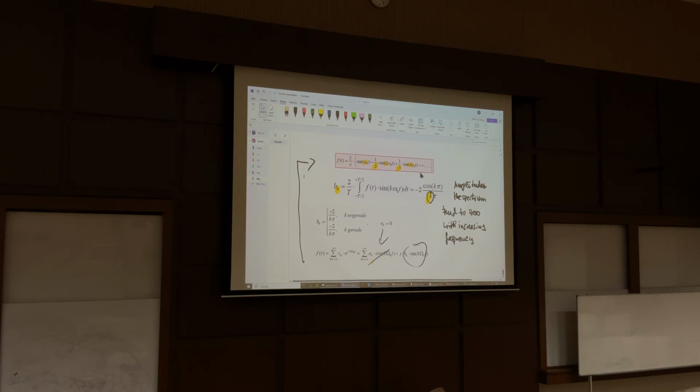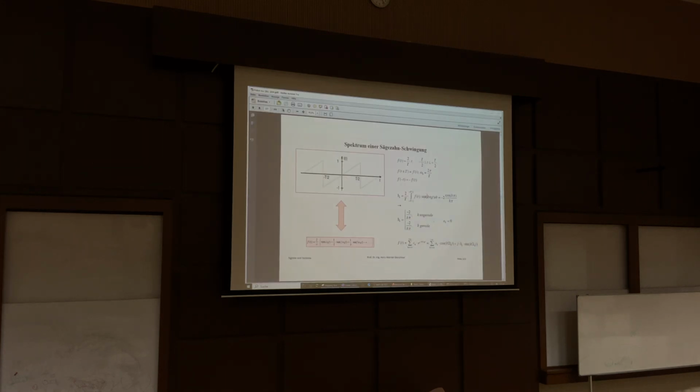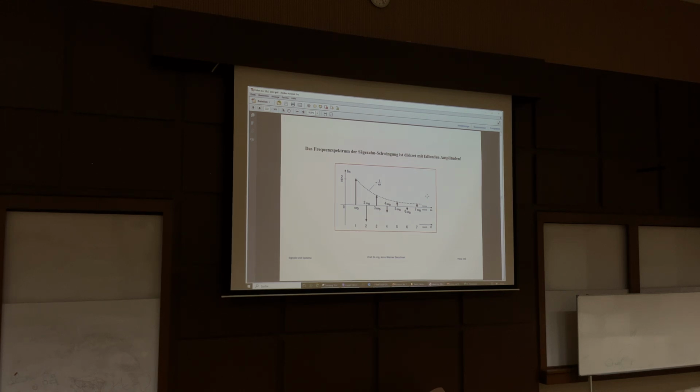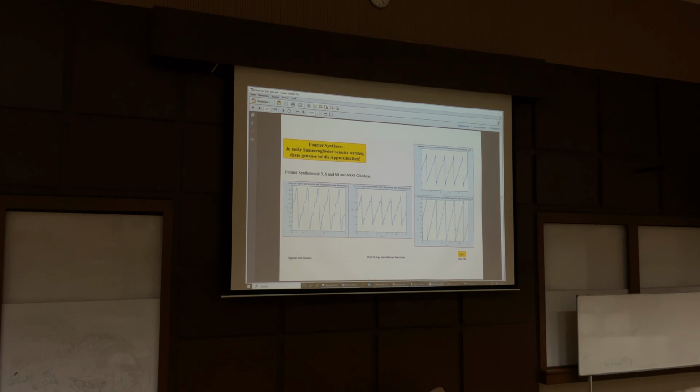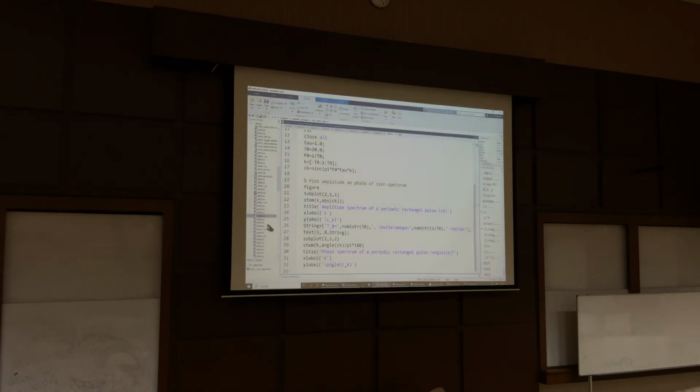Math just gives me the complex part, but in the real world we have, of course, the real part of this complex amplitude, or we have the amplitude. So that's the spectrum here. You see plus, minus, and I would like you to look at 27.